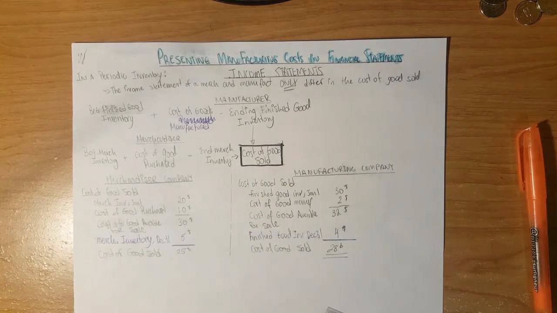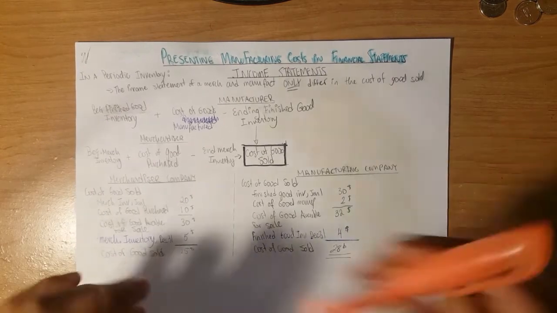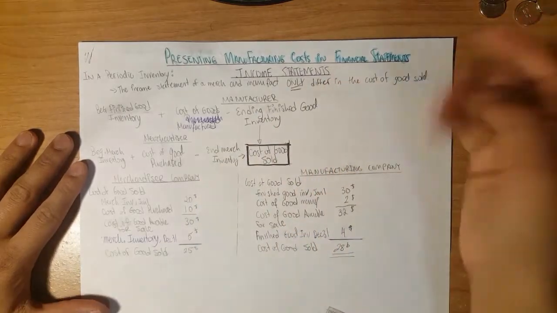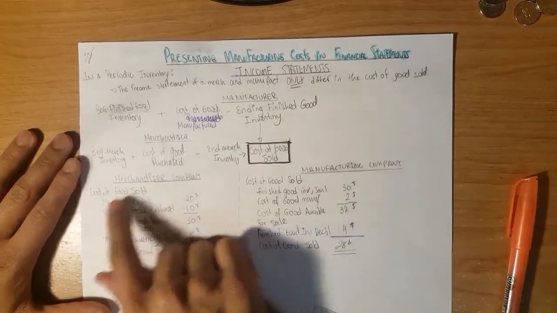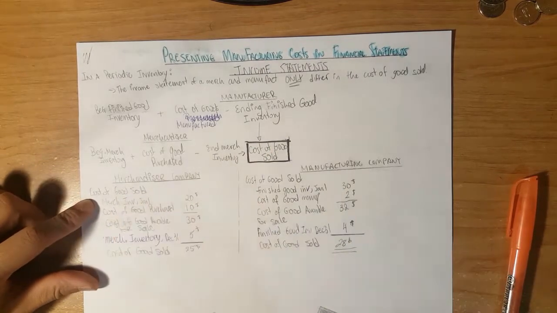Now, who is a merchandiser? The guy who's selling these highlighters. In order to record the cost on the income statement, it's very simple. You have to write the cost of goods sold. So you have to break this down.